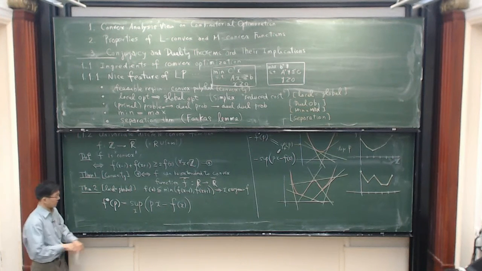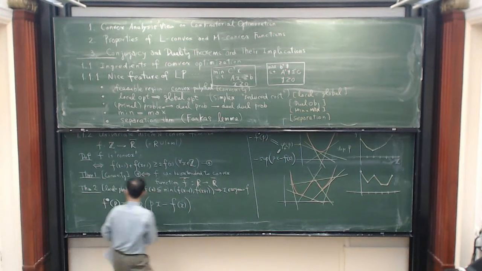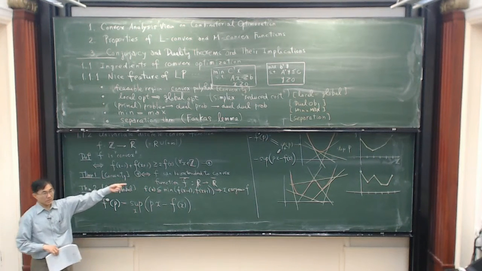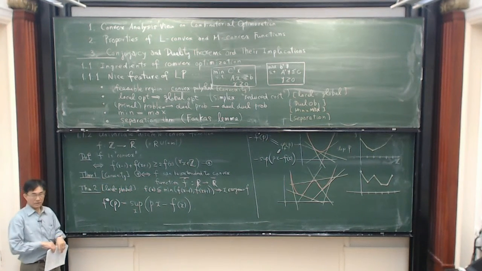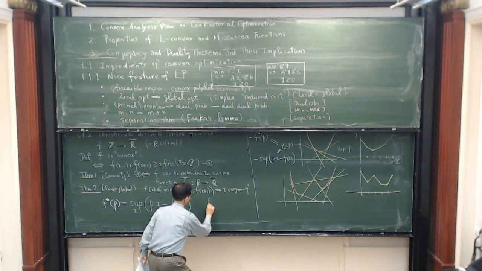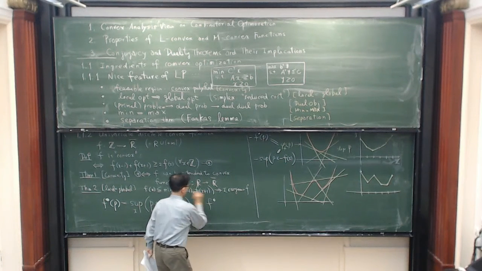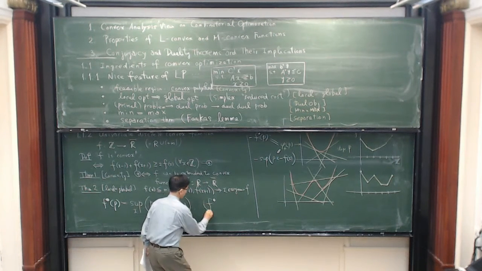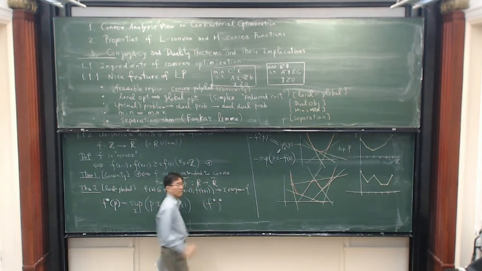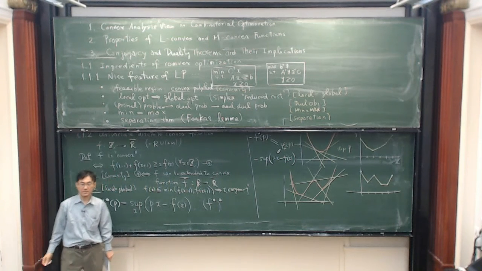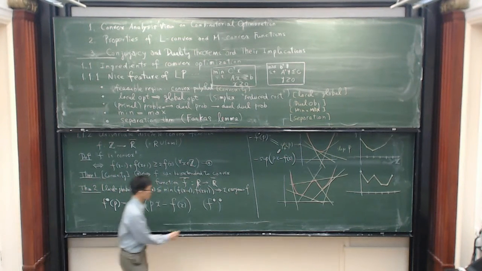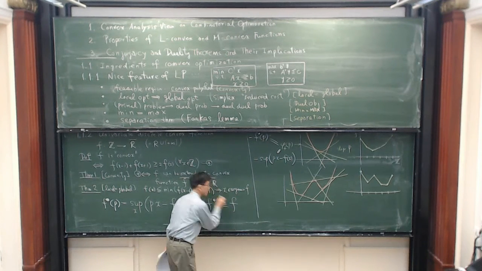What is interesting is that now this is a convex function, so we can apply the same transformation again. Starting with f, we make a conjugate. Then we make it again. What should happen? It should coincide with the starting function.